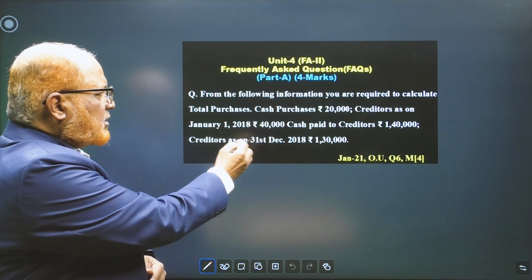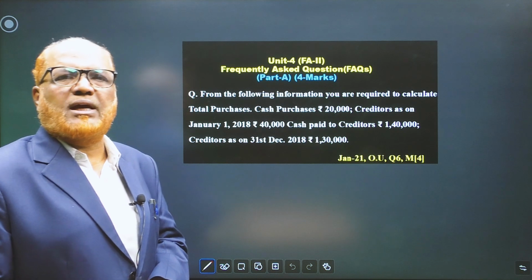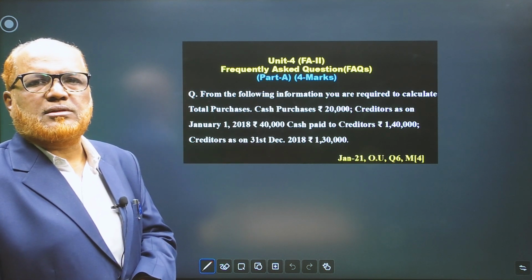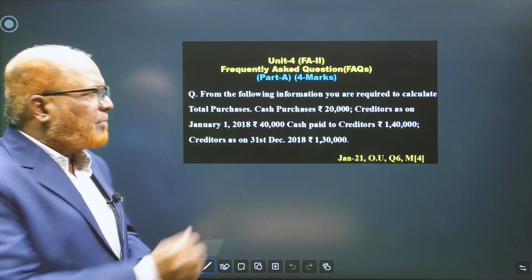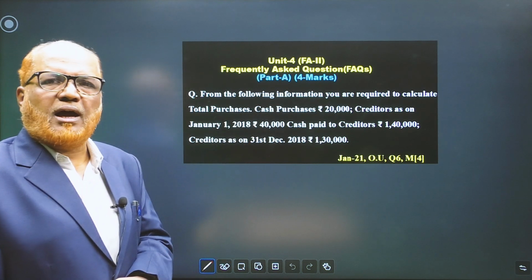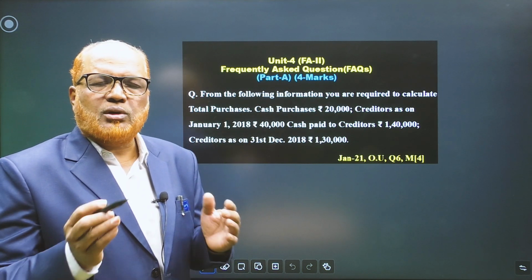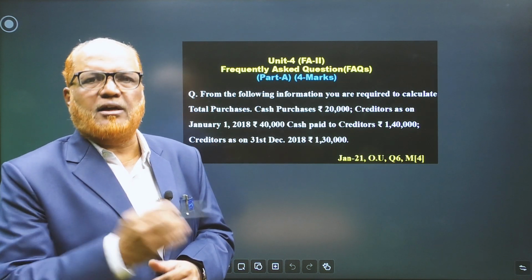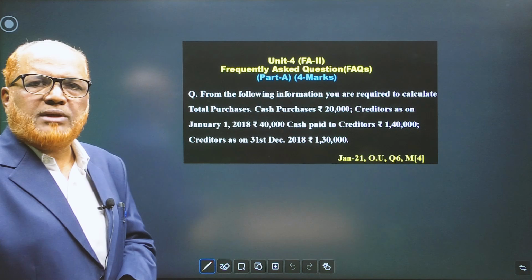And creditors as on 31st December 2018, closing creditors, 1,30,000. By preparing total creditors account, we can find out credit purchases. And by adding cash purchases and credit purchases, we will get the total purchases.